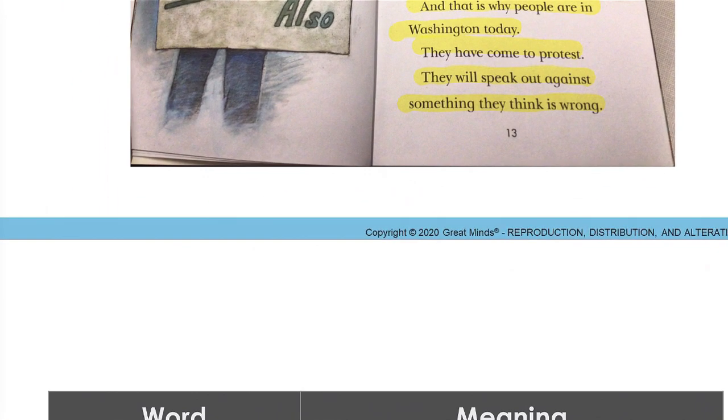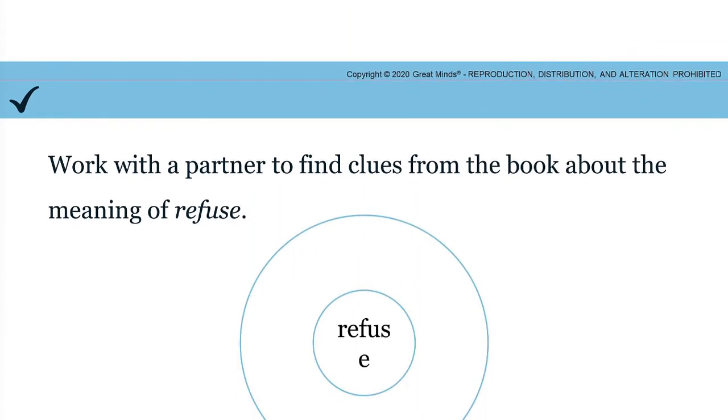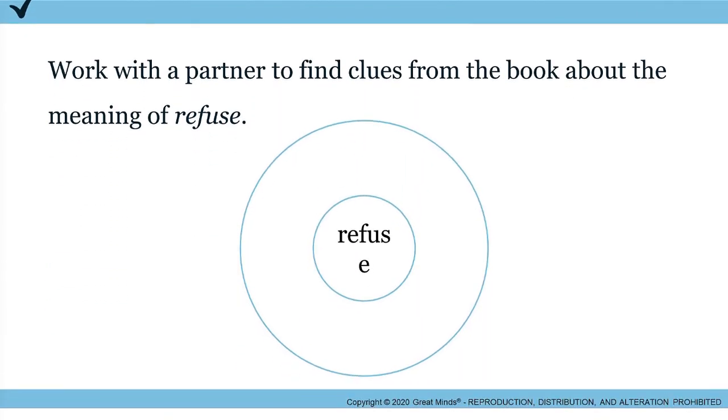We're going to do another word today. And that word is refuse. I'll rewrite it. So if you need a new page, go to a new page in your vocabulary section. Otherwise, you can use the same page.